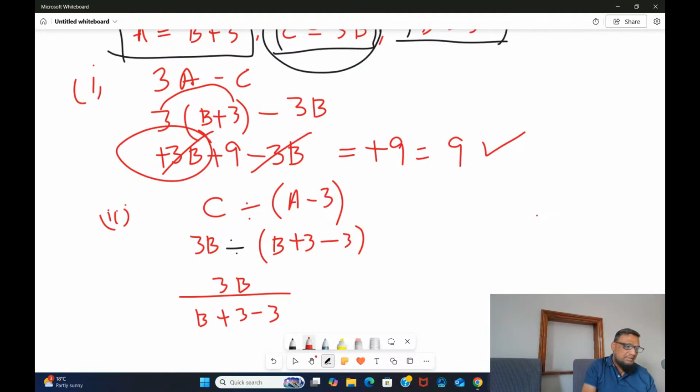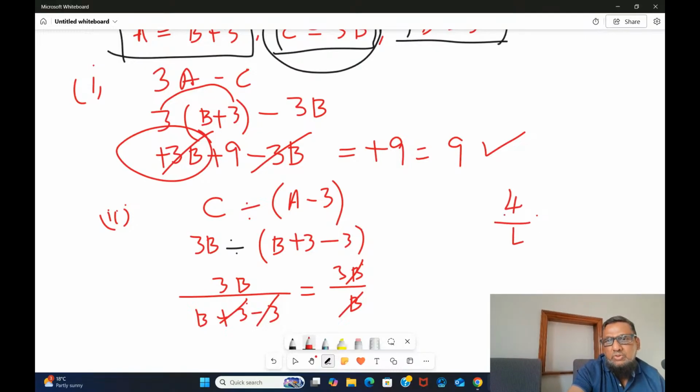Now look at this again: positive 3 and negative 3 cancel. So what you get is 3b over b. And b cancels with b, numerator cancels with denominator. We learned this when we solve fractions. For example, 4 over 4 cancels each other. Same as here, b cancels with b. So your final answer for part 2 is 3.